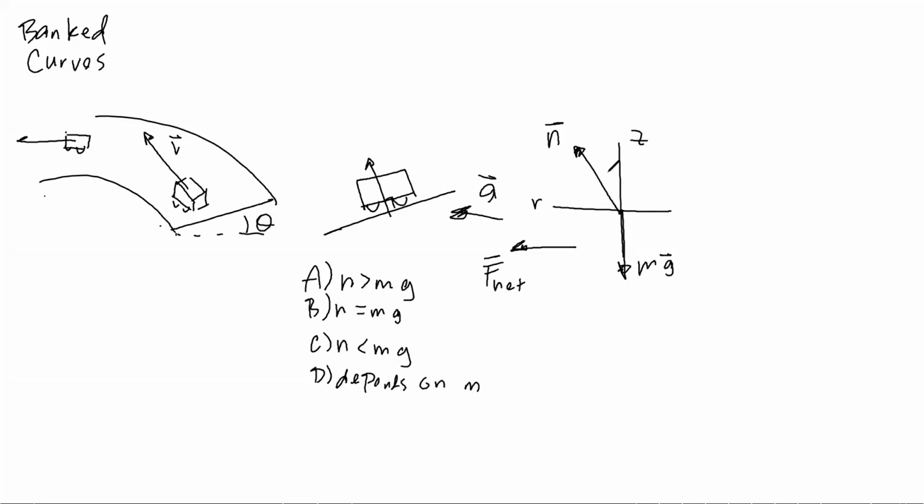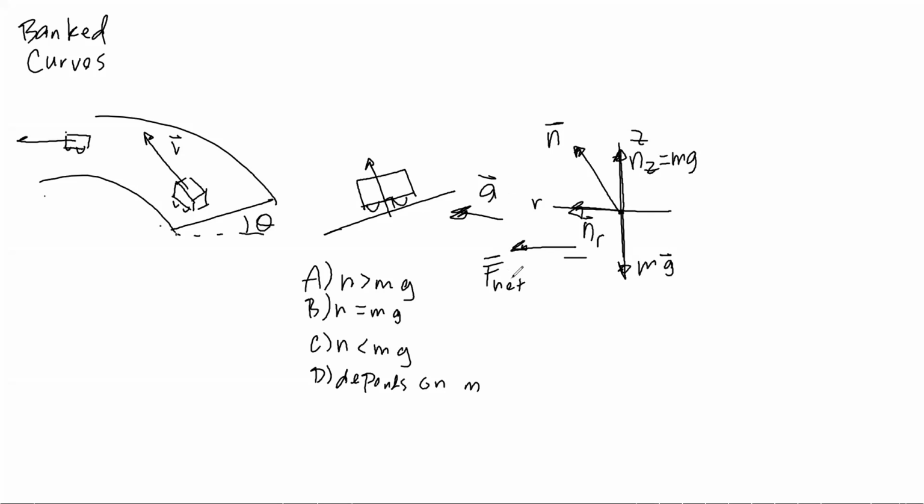If the normal force points up and to the left because it's perpendicular, then the z component has to equal mg. So you have one of the components of the normal force equaling gravity, and the other part of the normal force, which we would call n sub r, has to equal F net.